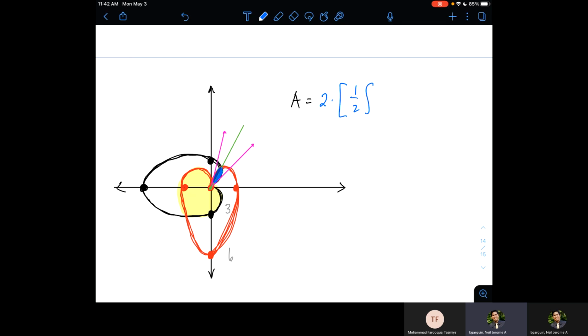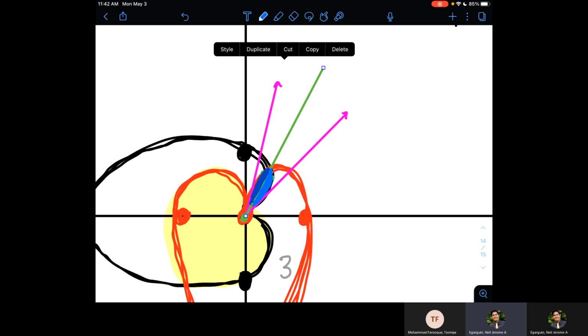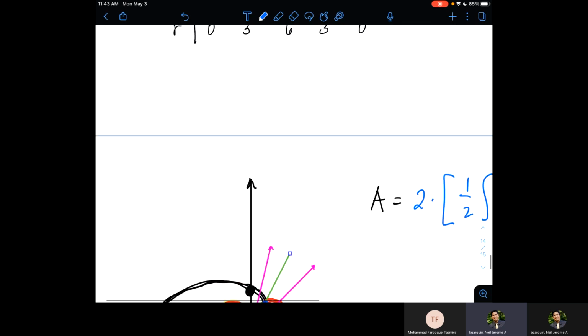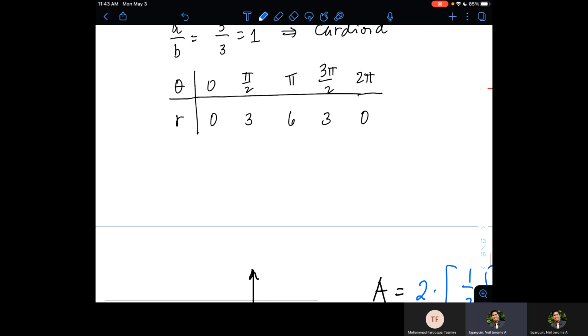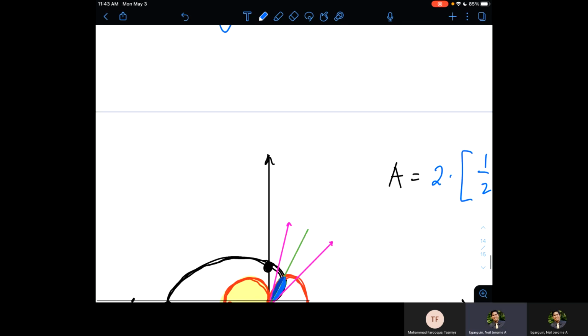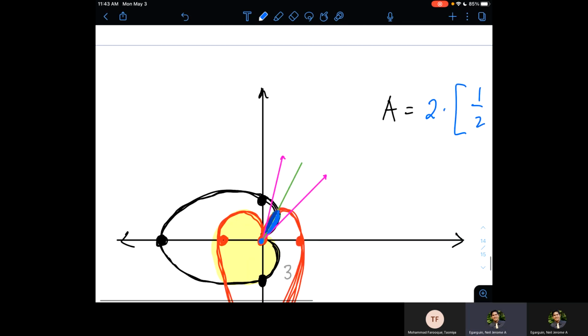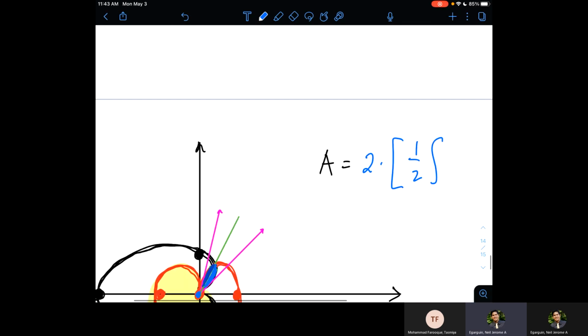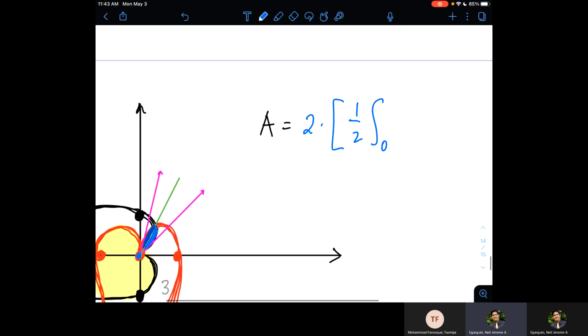Note that in the lighter blue side, the radius is determined by the black curve. So I look at the black curve, and the black curve here hits the pole at theta equals 0. So that's how I know that the lower bound is theta equals 0.